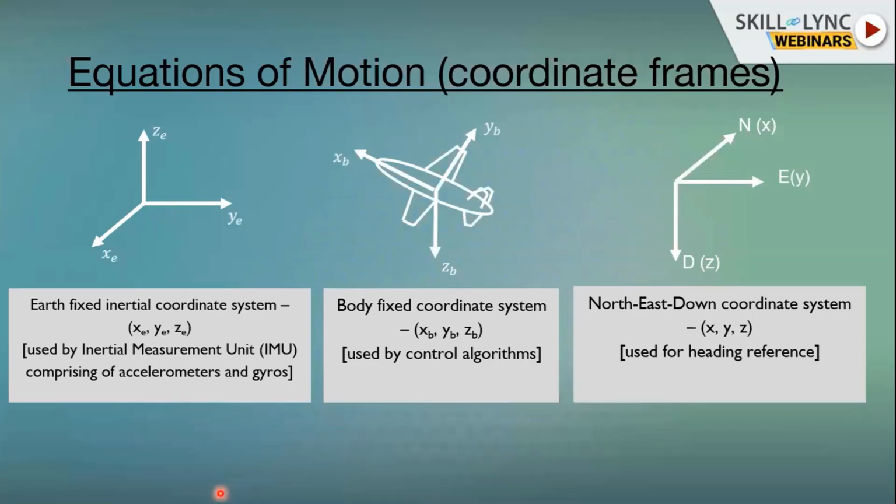So you have to have a reference frame. That's where the Earth-fixed inertial coordinate system becomes instrumental. And like I said, the inertial measurement unit comprising accelerometers and gyros needs that reference frame. Then for control design and for onboard electronics, you need another reference frame.